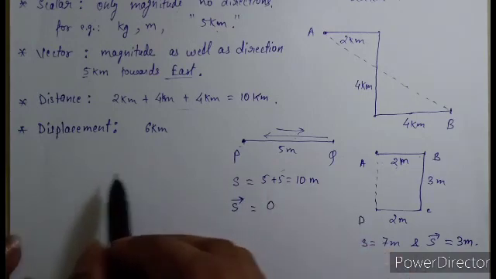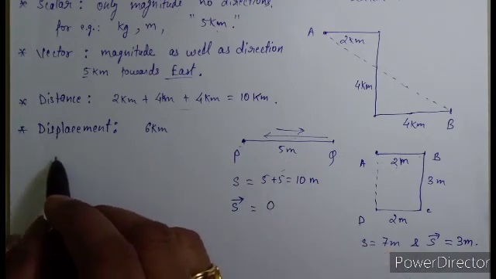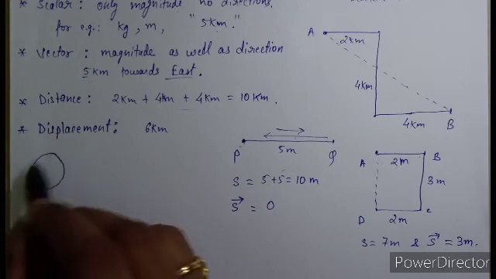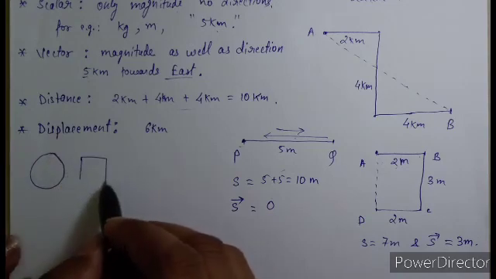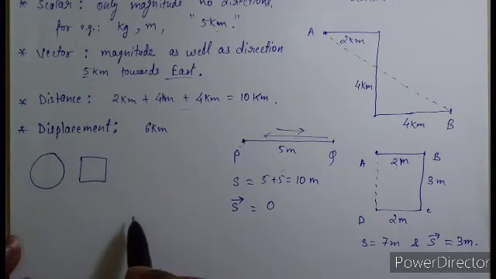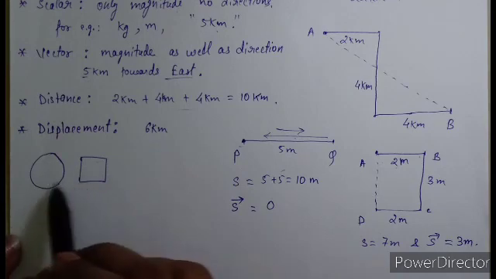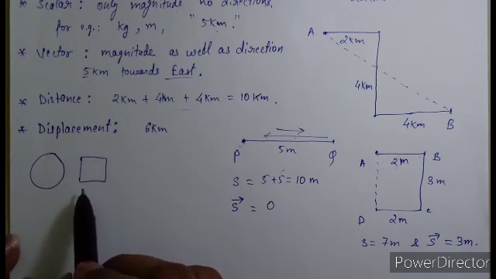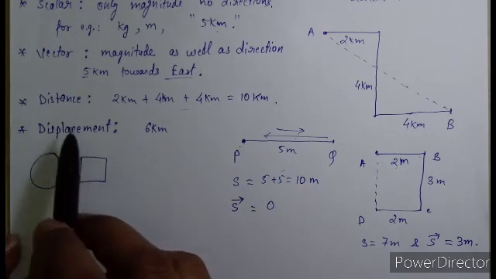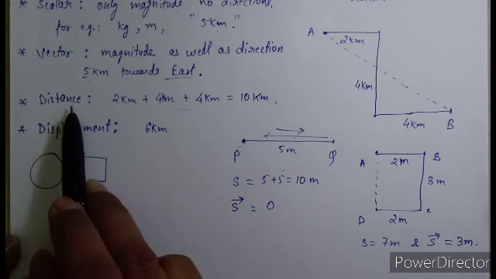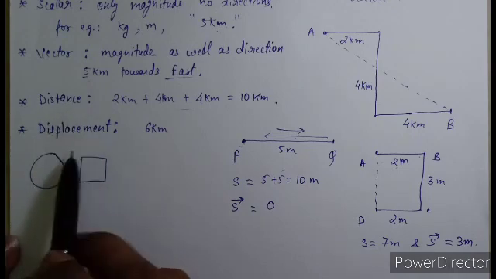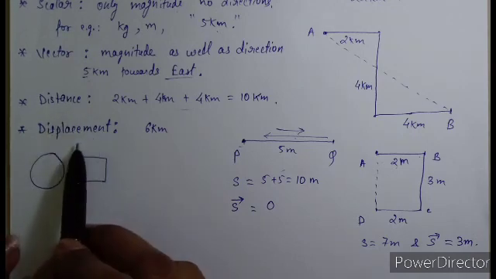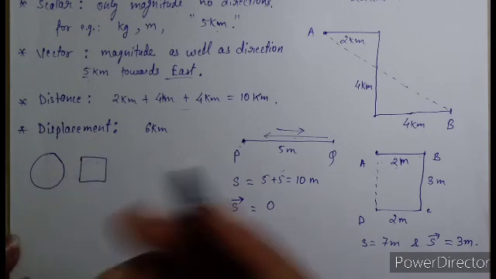So from this we can conclude that if a body takes a round trip, whatever the shape, its displacement will be 0. But if a body has traveled some distance, having been in motion, then its distance will never be 0. But displacement may be 0 or may be greater.